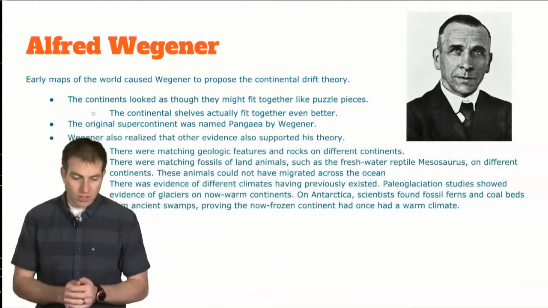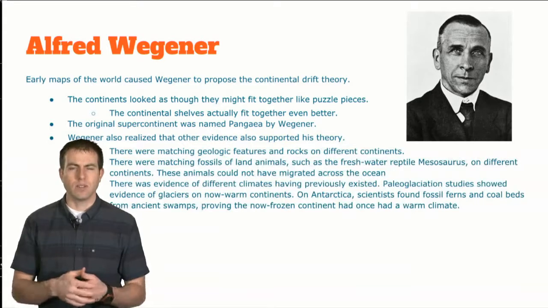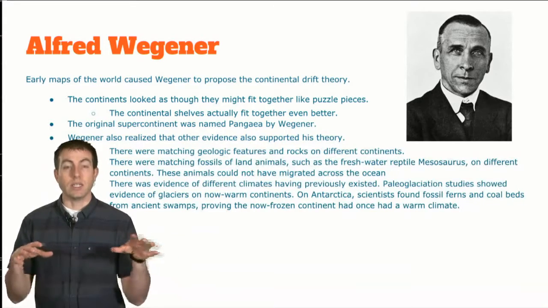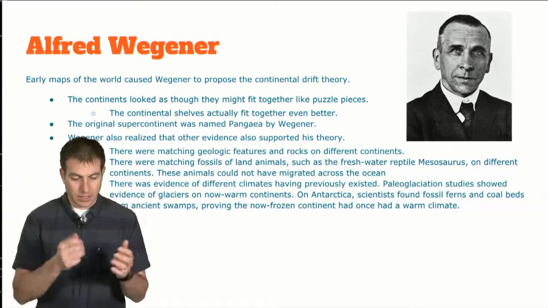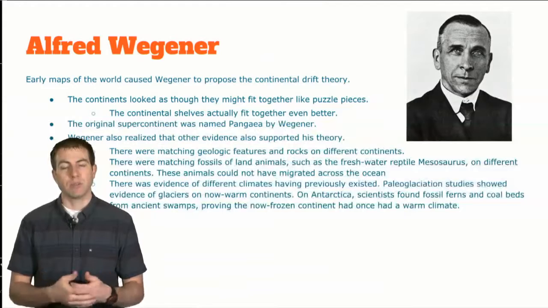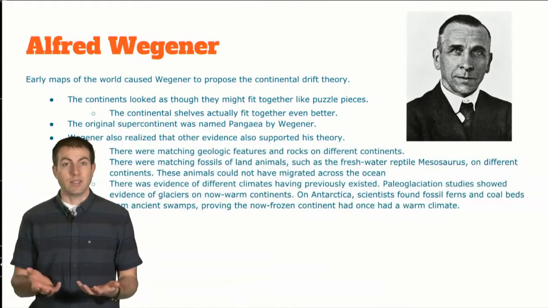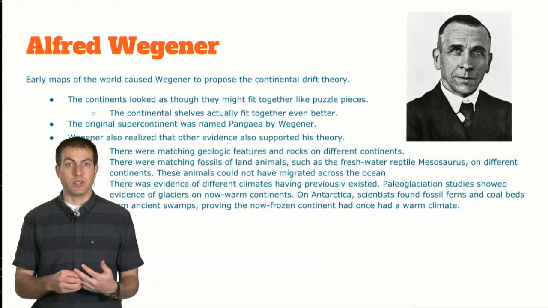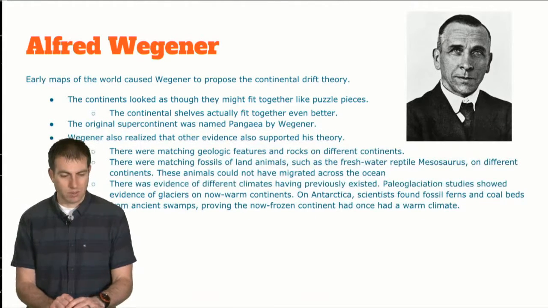So he started to do a little more digging, asking whether there were any other things that would lead us to believe that the continents were all together at one time. He came up with this theory, and he tried to find as much evidence to support it as he could. So we'll talk about his evidence, and then we'll talk about why his ideas weren't taken seriously until he essentially died. After he died, people started saying, you know what, maybe this guy was onto something.